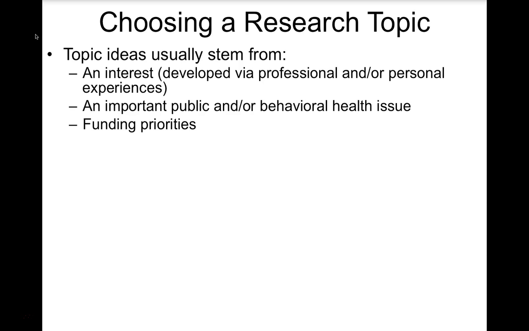So a particular agency may put out a request for proposals, an RFP, and so they may say, we're interested in conducting research on pregnancy prevention among adolescent girls. And so you may say, great, I'm going to pursue pregnancy prevention in adolescent girls.